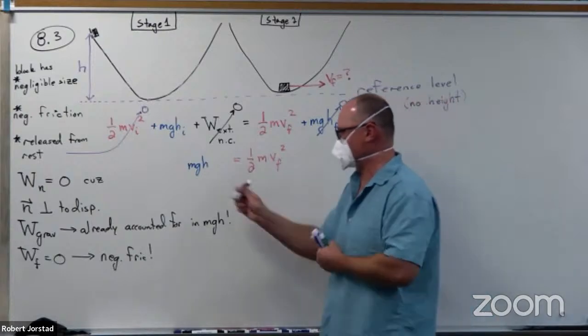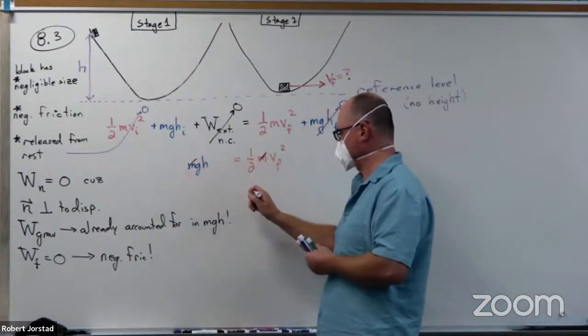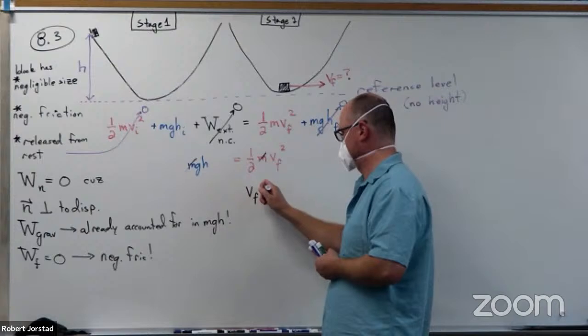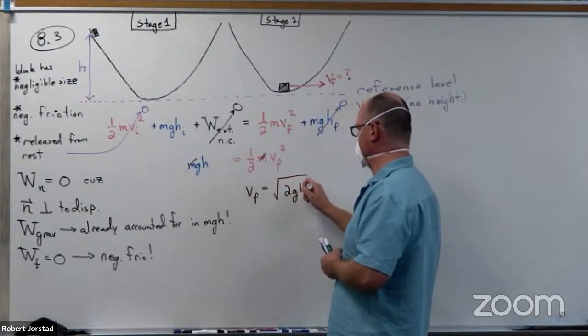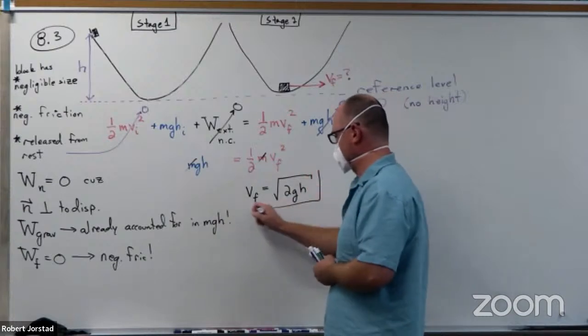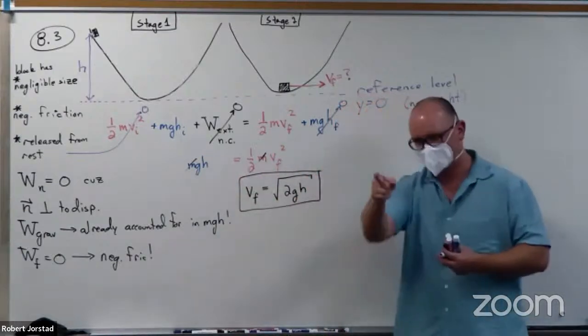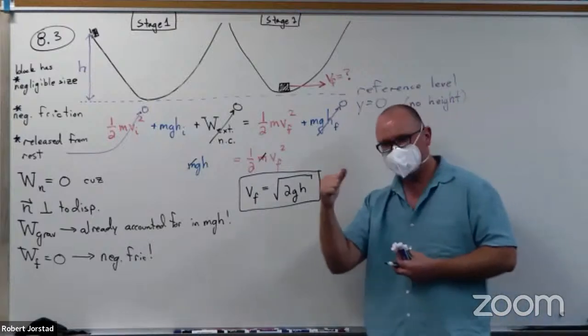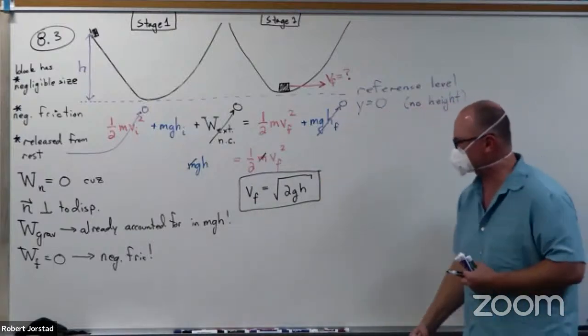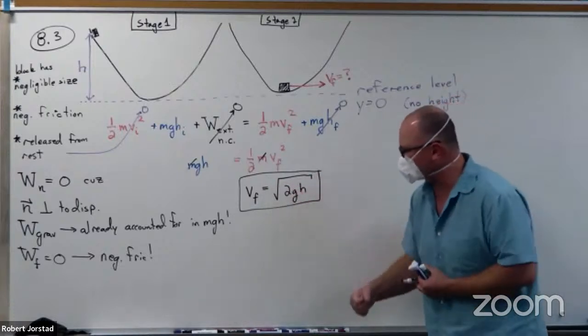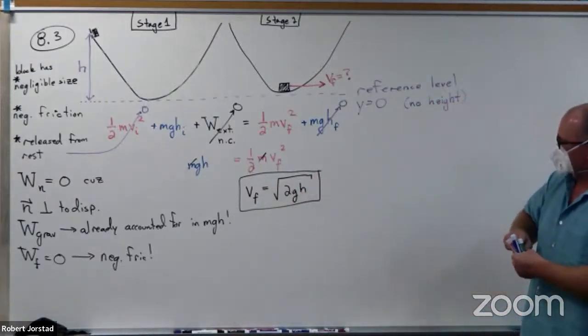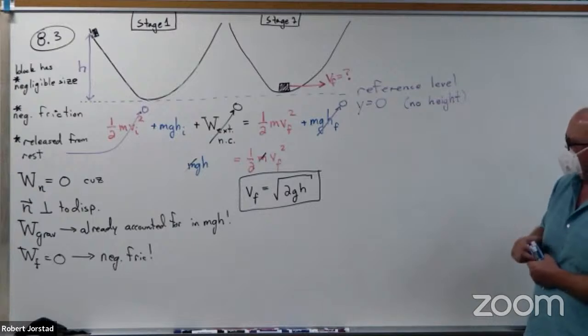I'm going to cancel that mass. What do we get for V final? Square root of 2gh. Do I need to worry about the plus minus sign? What does V mean in this energy equation? Speed. And it's a scalar in this case. So we don't need to worry about it because it's a scalar. Awesome. Hey, that's the answer.